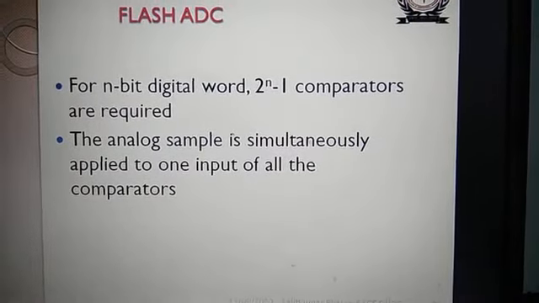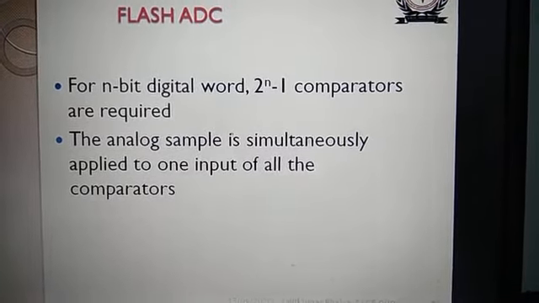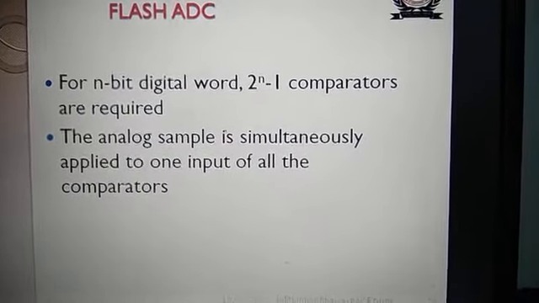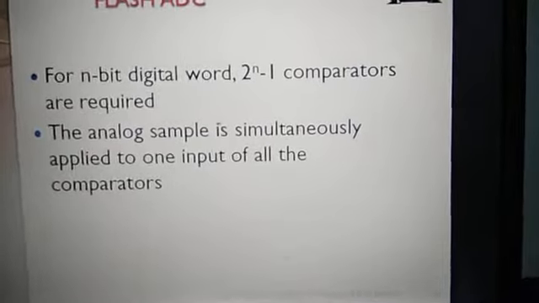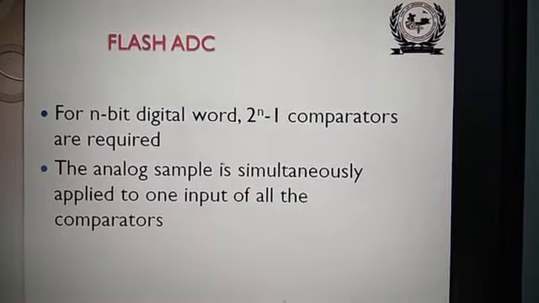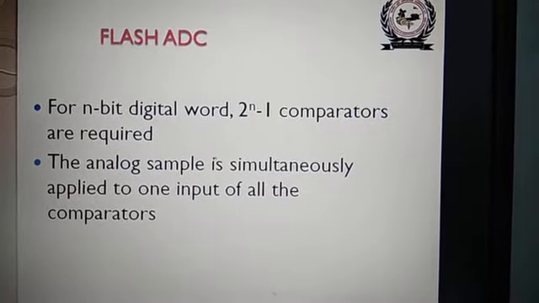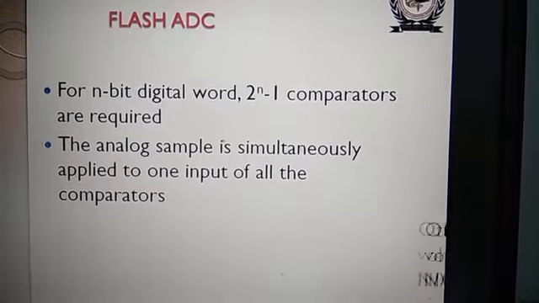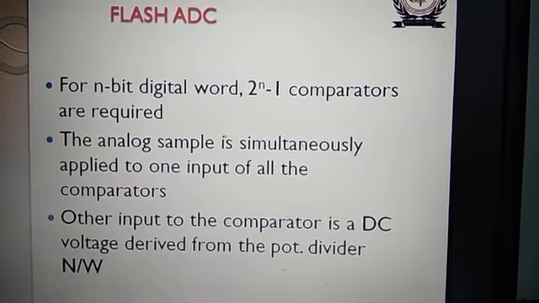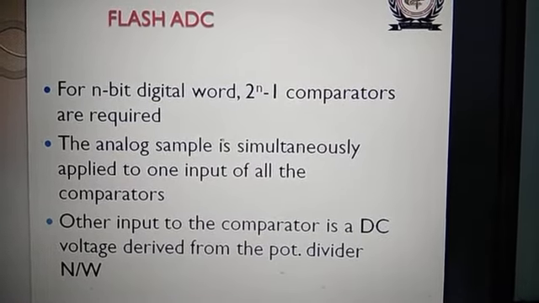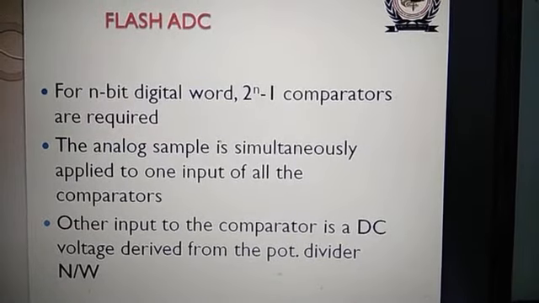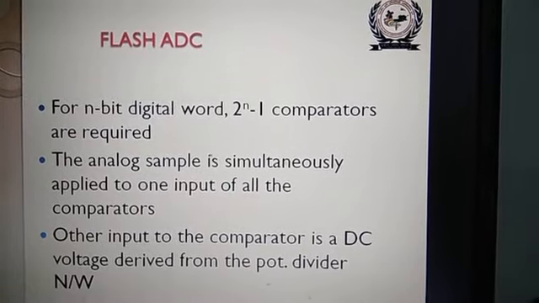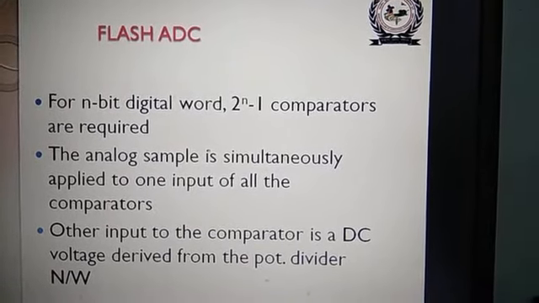The analog input is the same for all the comparators, and this analog input is compared with the other input, that is the reference input, which is derived from the potential divider network of resistances, which we have already seen, R by 2, R, and so on.